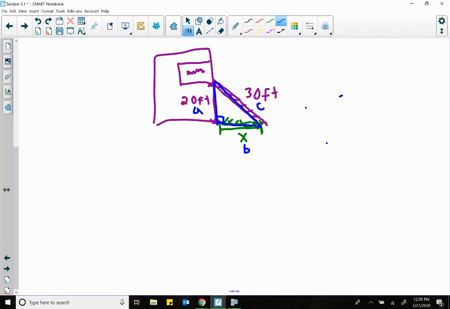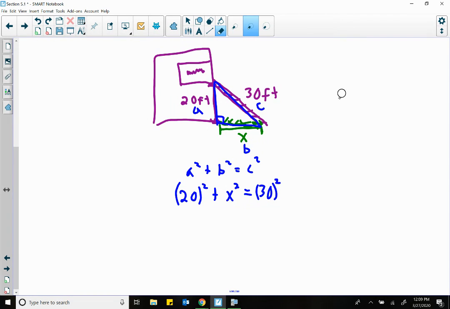So solving the rest of this problem, A squared plus B squared equals C squared. So we've got 20 squared plus x squared, because that's what B is, and C is 30 squared. The first step was do the squaring.